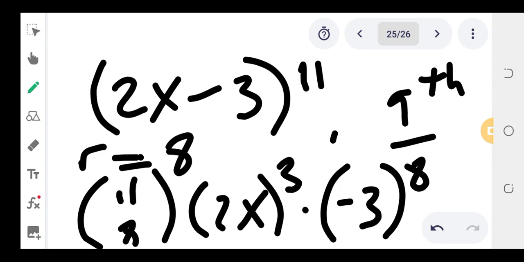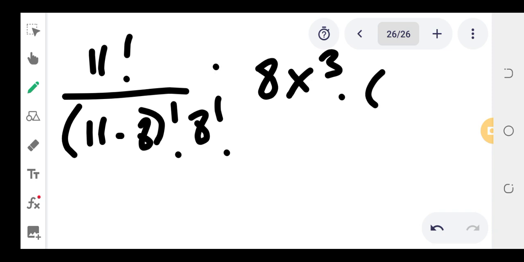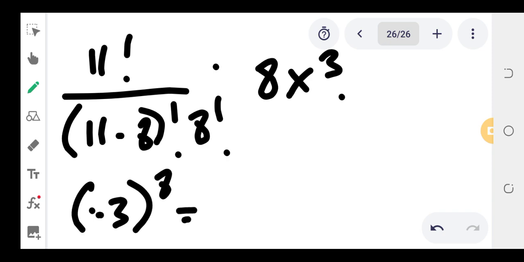So what is 3 to the power 8? Let me do a simplification here. Negative 3 to the power 8 is just the same as saying, you will not be using a calculator, so we must have strategies on how to reduce this.